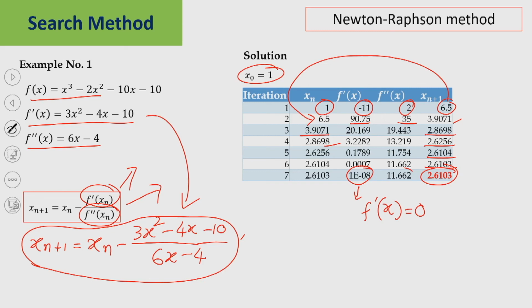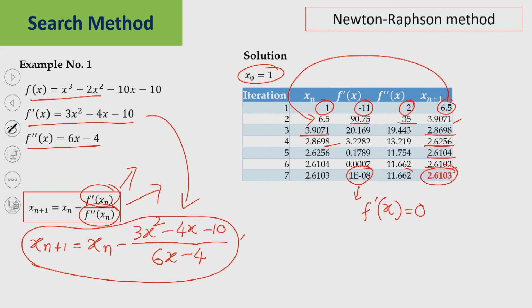But if you need to calculate the derivative using a numerical method, it may not be that efficient. In that case you can apply the golden section search method instead of the Newton-Raphson method. But if you can calculate the derivative directly from the function, the way I have done here, then in very few iterations you will get your optimal solution.